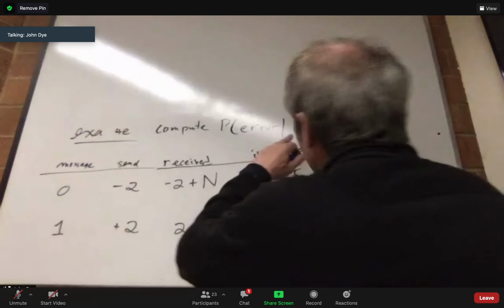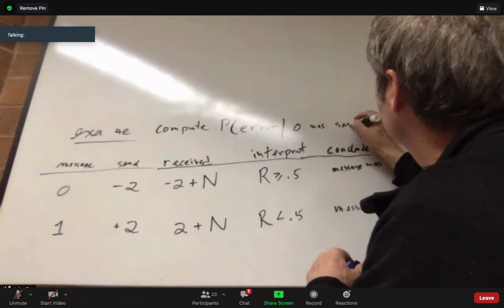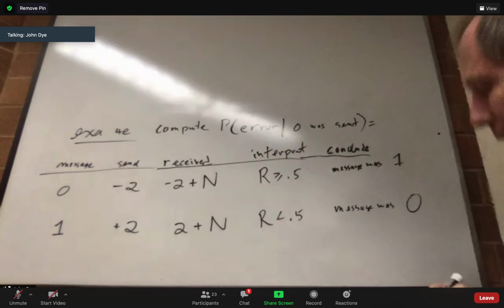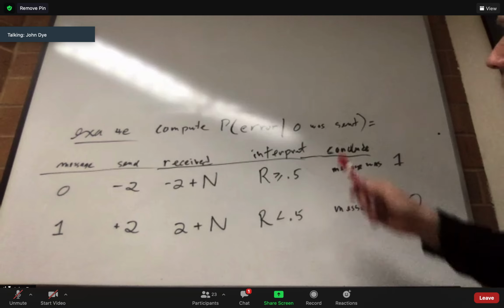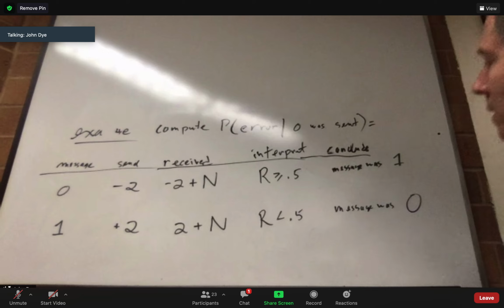Of course, that's the critical thing. Okay, now it's time for another color. So now we know what we want to do. And also, of course, we want to do the other one, the probability of an error given that a 1 was sent.